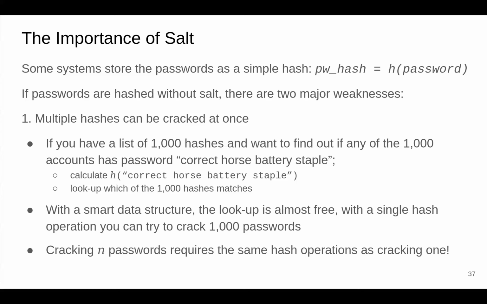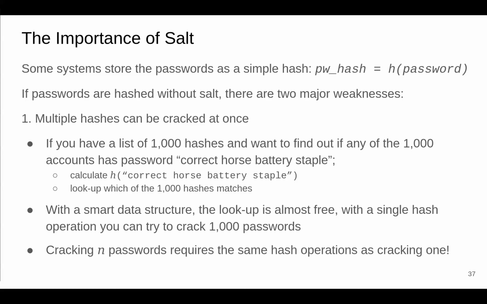This is an important distinction, right? You don't want to find a particular password, you want to find some of the passwords. So, if you want to know if any of these systems has the password correct horse battery staple, you calculate the hash, and then you look up the 1,000 hashes if any of them match.